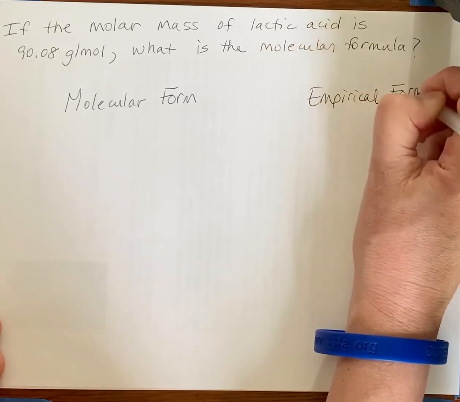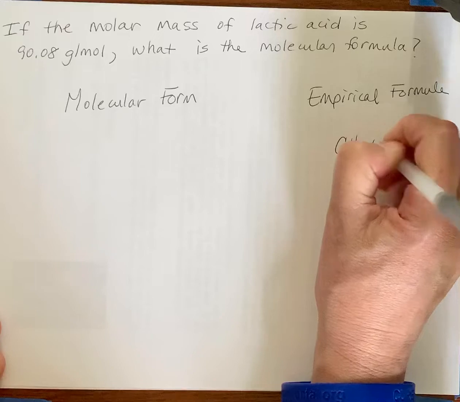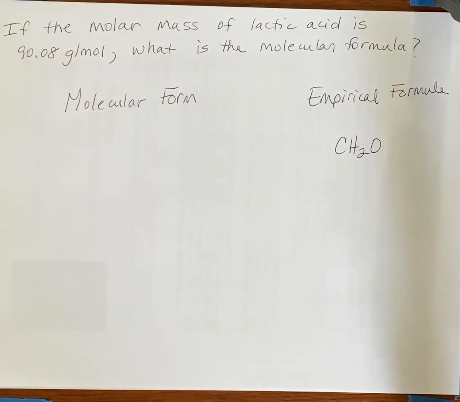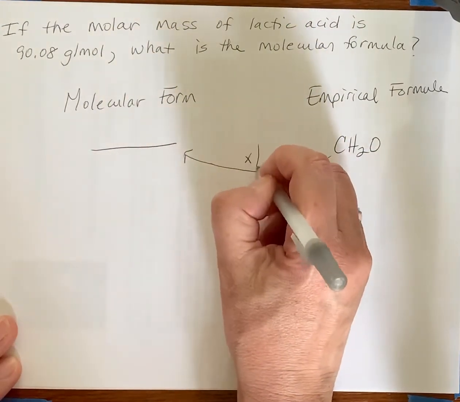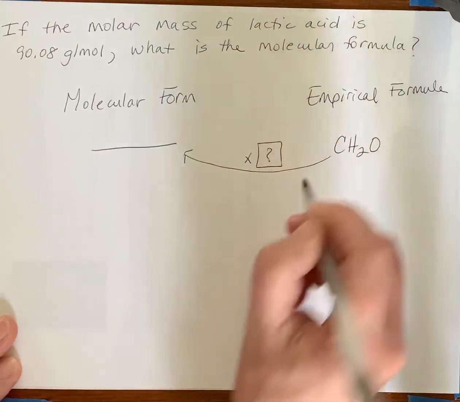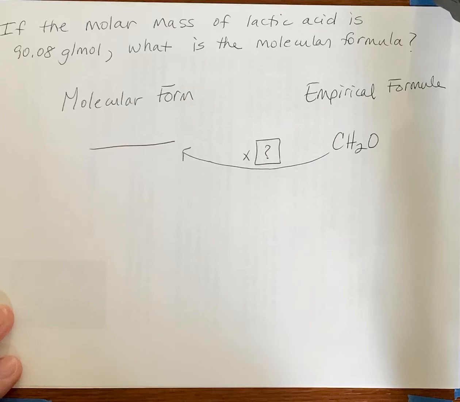I know what the empirical formula is, and that is CH2O. But I do not know what the molecular formula is. So I need to figure out what small whole number do I multiply the empirical formula by in order to get to the molecular formula.